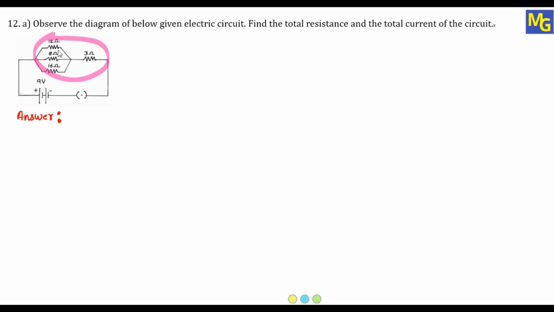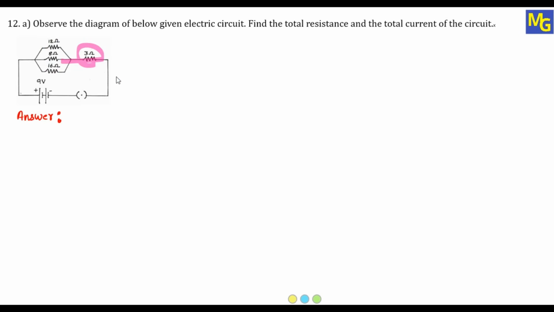First you have to see how these resistors are connected. Now you can see the first three resistances 12, 8 and 16, these all are connected parallel to each other. Then we have to find out the effective resistance for these three by using the parallel connection formula. Whatever effective resistance we get, that and this 3 ohm are connected in series.